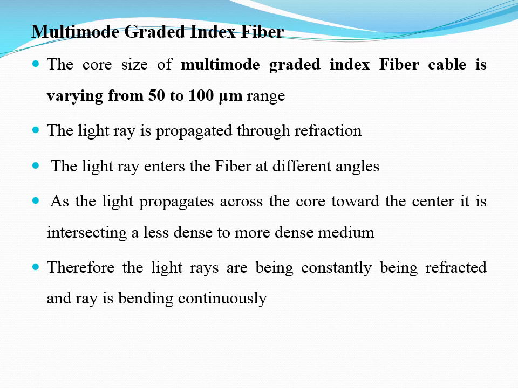So the light ray goes through a process of refraction instead of reflection. That is the difference we find in a graded index fiber due to its change in the fiber profile in comparison with the step index fiber. So the light ray enters the fiber at a different angle, which is a different thing when we consider a graded index fiber.